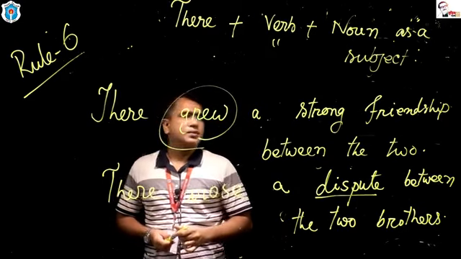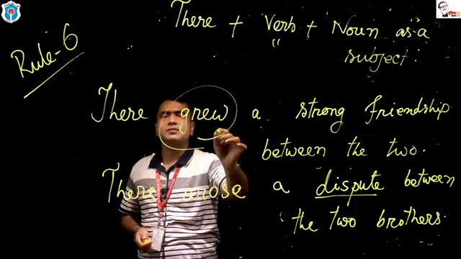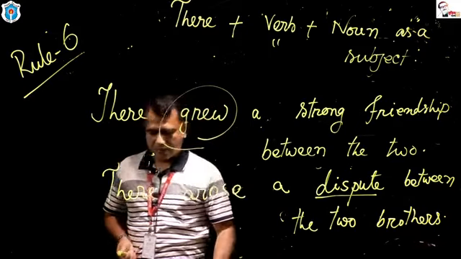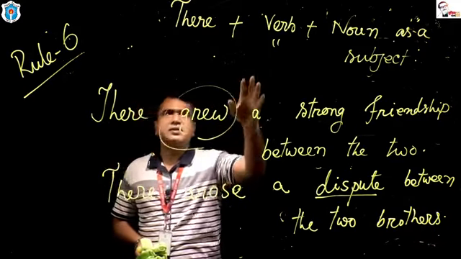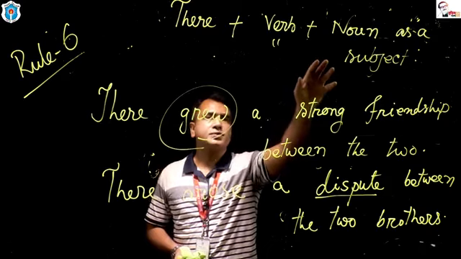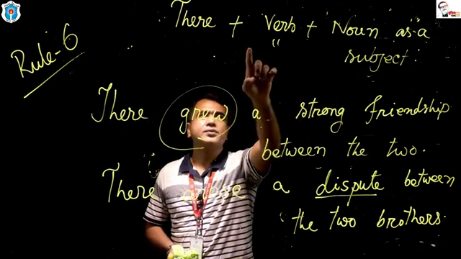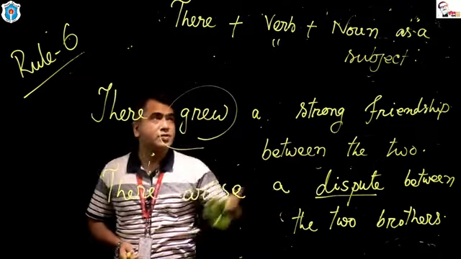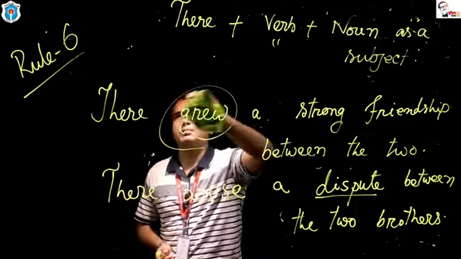Thus we see, we can use the verbs come, grow, spread, remain by using this structure. One thing we should remember, that we should use a noun as the subject of this verb.